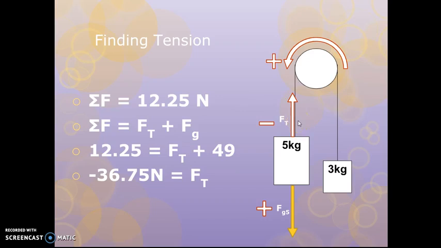It's a negative force of tension here on the 5 kilogram mass because it's going in the clockwise direction. When you're solving for your tensions, one of them is going to be positive, one of them is going to be negative because they're going to be going in opposite directions. As long as they get the same magnitude of force, you've done your work correctly. It's a good way to check your work.